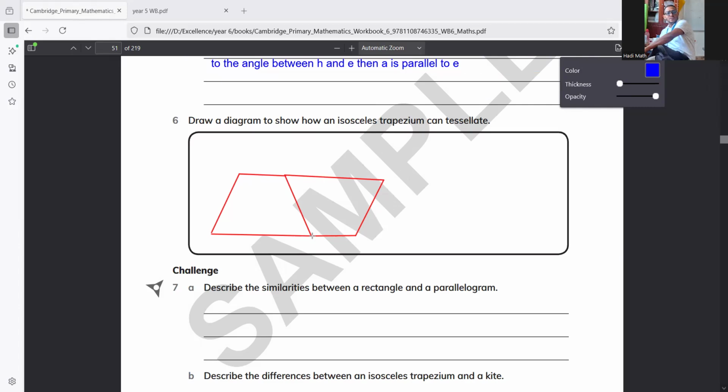Then you draw again from here one, and you draw it here this way. Here also draw one this way and complete it, and that will make this one also translate.